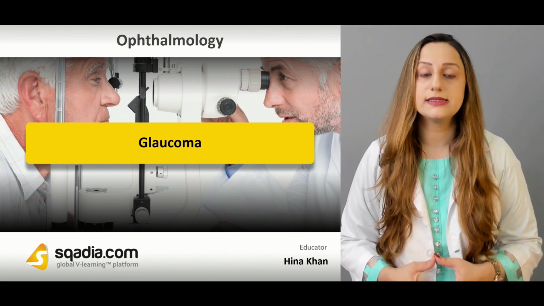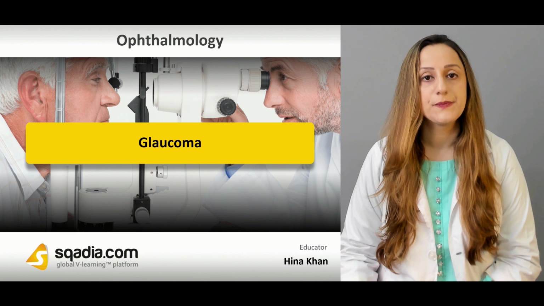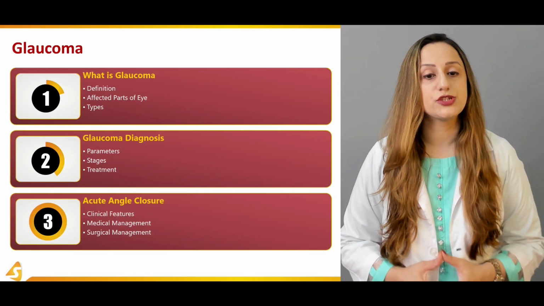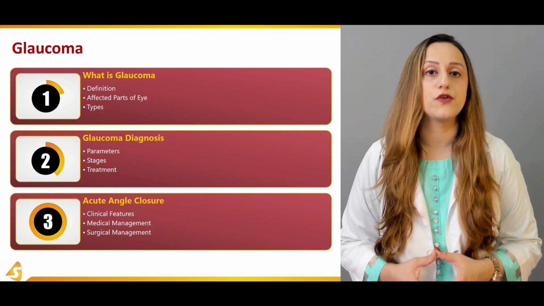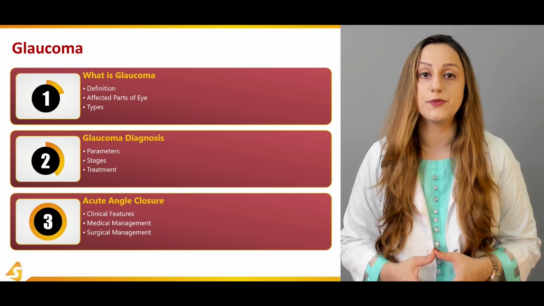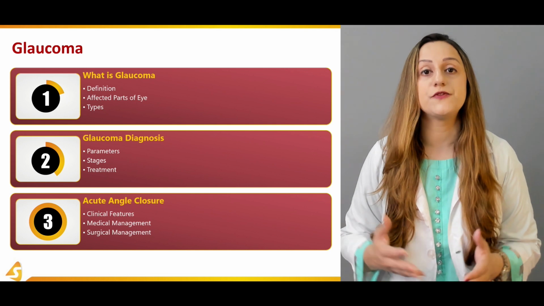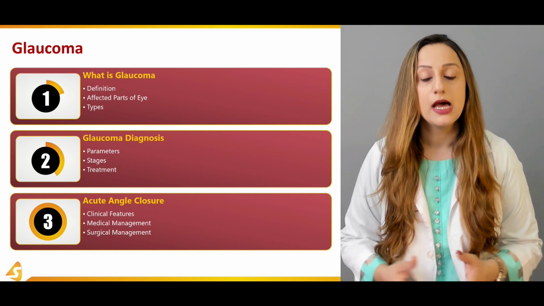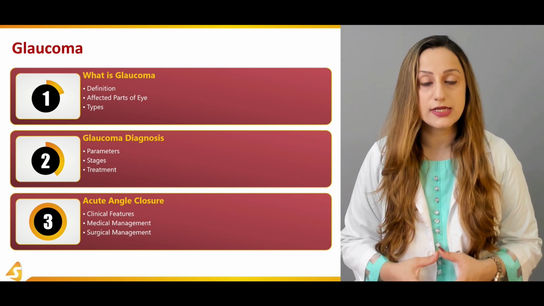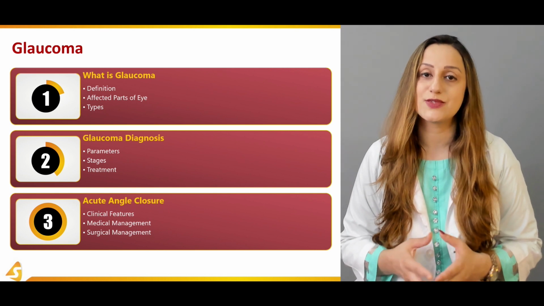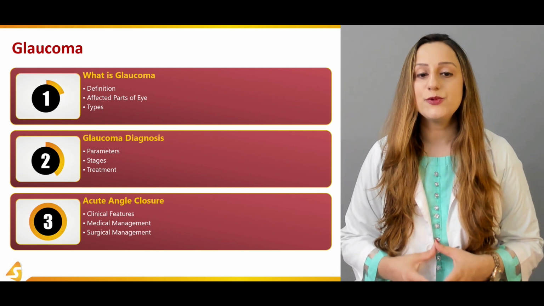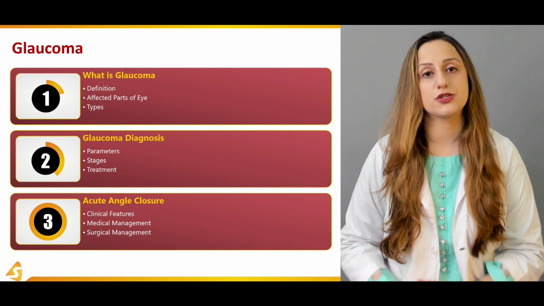So we'll be discussing this condition in this lecture. In the first section, we'll be discussing the definition of this condition. What are the prime characteristics and parameters by which we can define this clinical presentation? Then we'll move on to the affected parts of the eye.